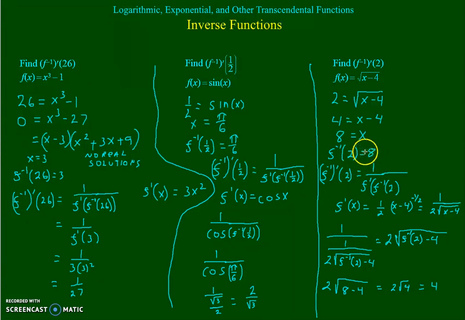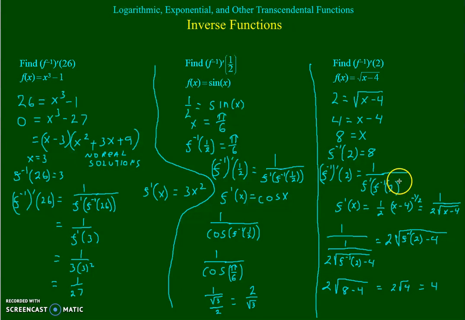Now let's take the derivative of the original. F prime is 1/2 (x minus 4) to the negative 1/2, which comes out to this guy here, 1 over 2 square roots of x minus 4. And so the derivative of the inverse evaluated at 2 is 1 over f prime of f inverse at 2.